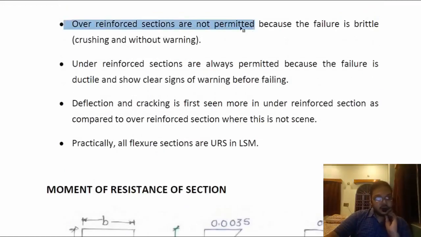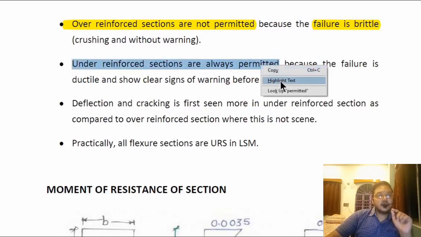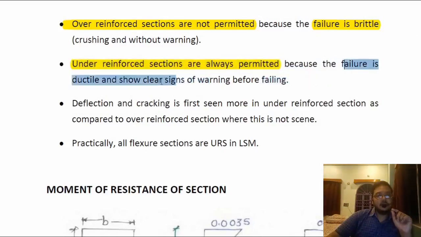The over reinforced sections are not permitted because the failure is brittle, crushing and without warning. The under reinforced sections are always permitted because the failure is ductile and shows clear signs of warning before failing.